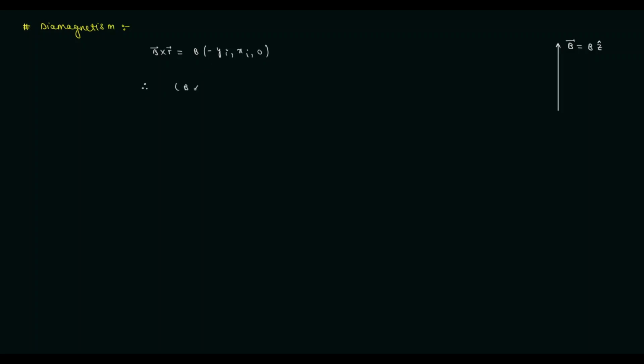So therefore, (B cross R) whole squared will give you B² times (x² + y²). So therefore, the perturbing Hamiltonian in the case of diamagnetism will become e²B² divided by 8m_e times (x² + y²).